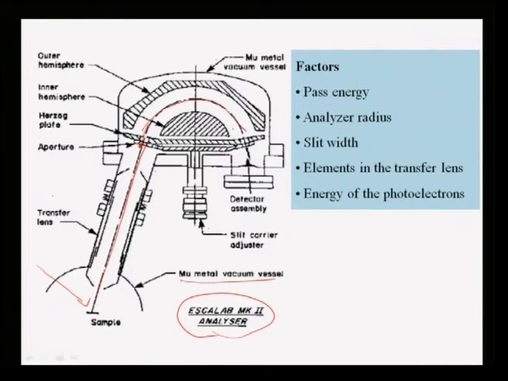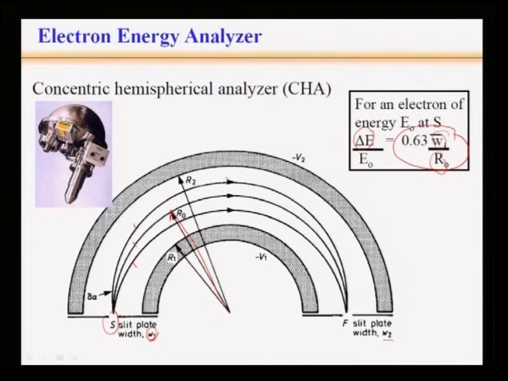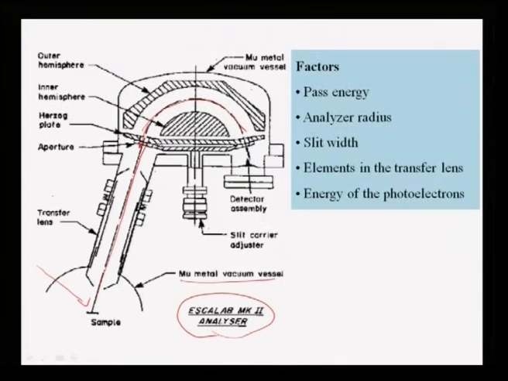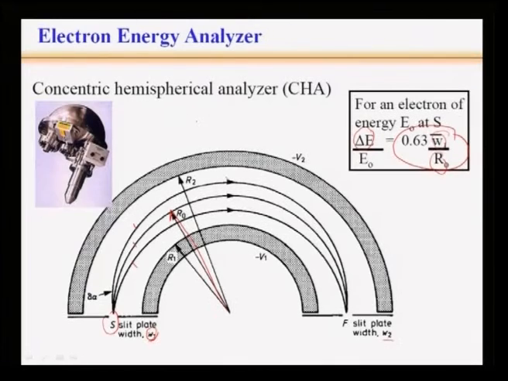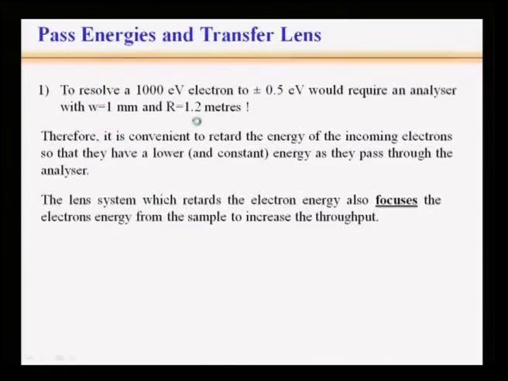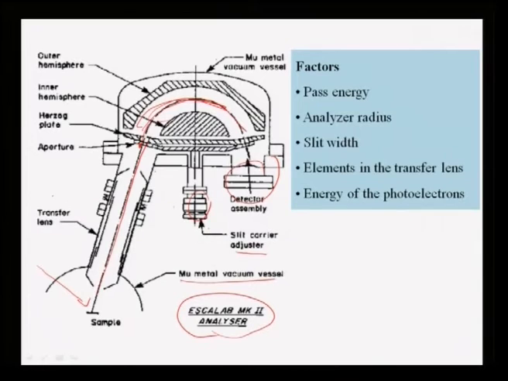This is the inner hemisphere and this is the outer hemisphere, R1 and R2, which I showed you just now, and inside this the electron moves and gets detected. This is the detector assembly, and this is the slit adjuster. There is a slit here, and it can be adjusted using this adjuster.